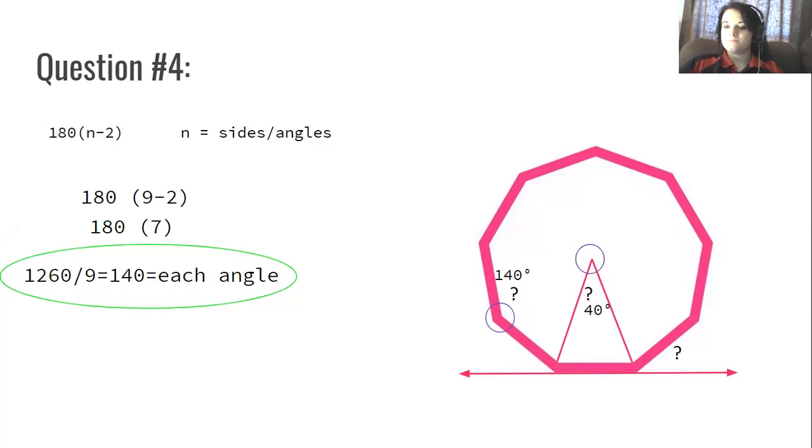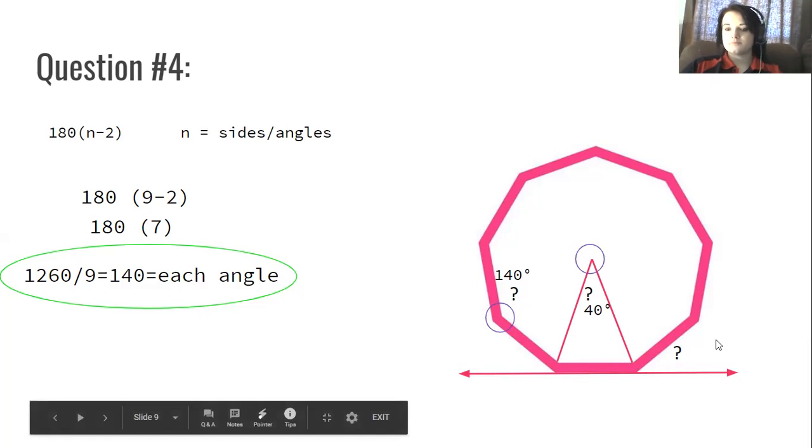Now again, we know that each inner angle of our nonagon is going to be 140 degrees, right? Well, we have a line going across the bottom of our nonagon. And when you compare it with the side of the nonagon, you'll notice that our question mark and our 140 degree angle create a supplementary angle on the bottom, right along here.